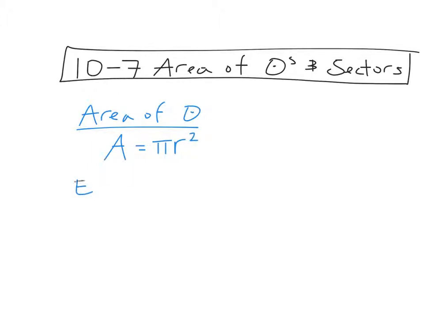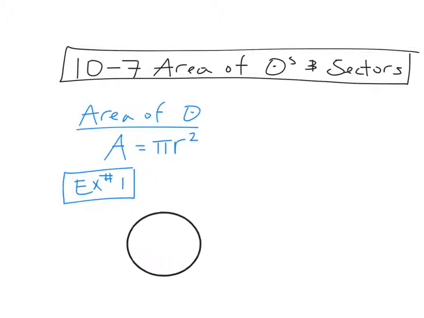So we're just going to do two real quick area problems just to make sure everyone's clear on how you should be setting these up. Let's say you have a circle, and in that circle we have this line. Is this a radius or a diameter?